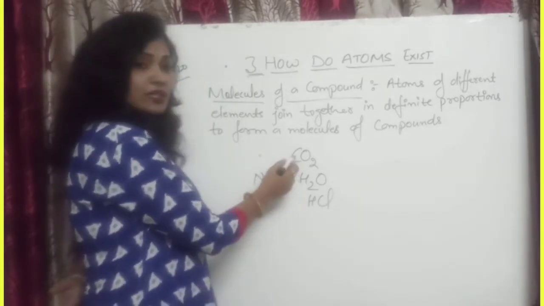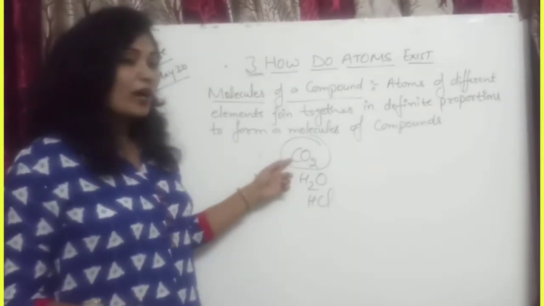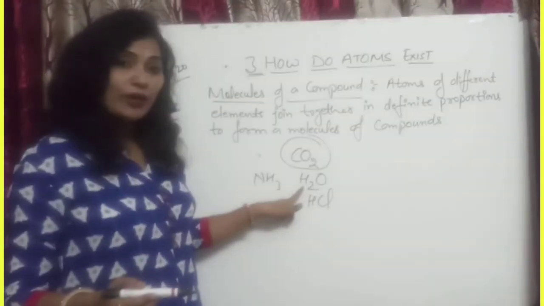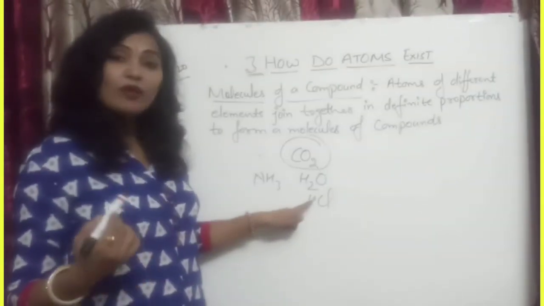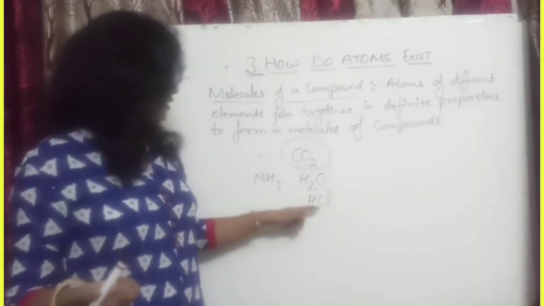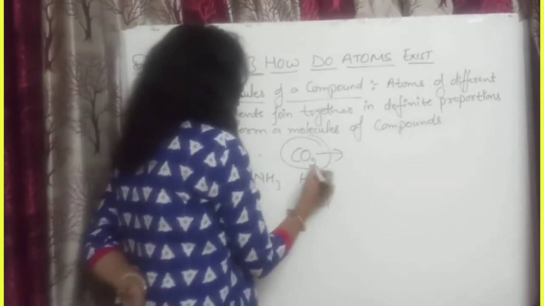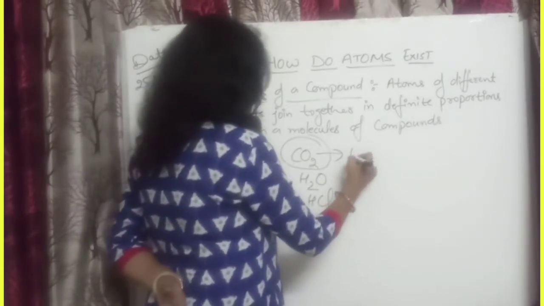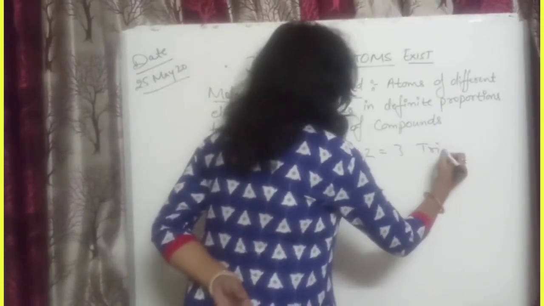This is one molecule of carbon dioxide, and it contains 1 atom of carbon and 2 atoms of oxygen. Here 2 atoms of hydrogen and 1 atom of oxygen. Here 1 atom of hydrogen and 1 atom of chlorine. Here 1 atom of nitrogen and 3 atoms of hydrogen. The atomicity of carbon dioxide is 1 plus 2, which means 3. So it is triatomic.